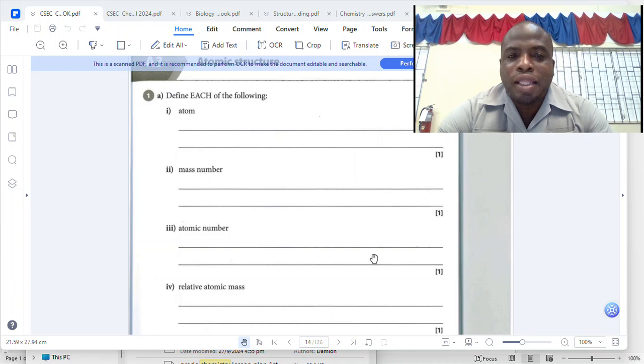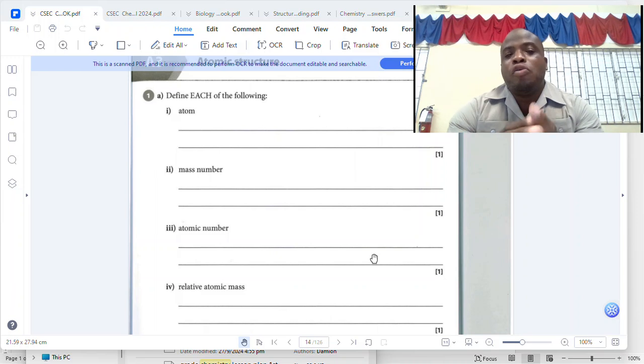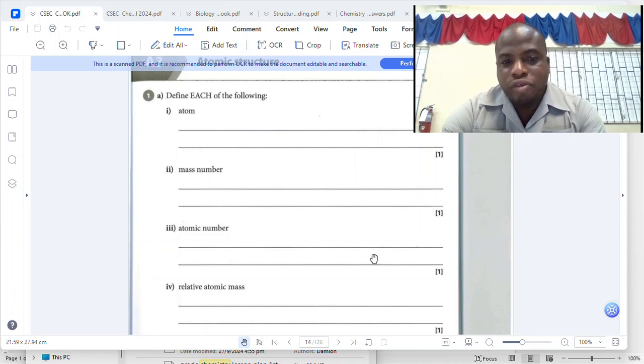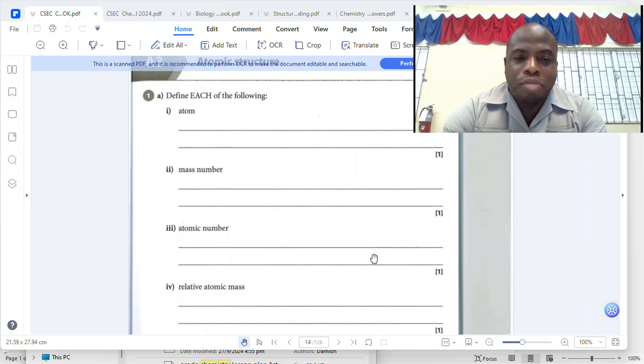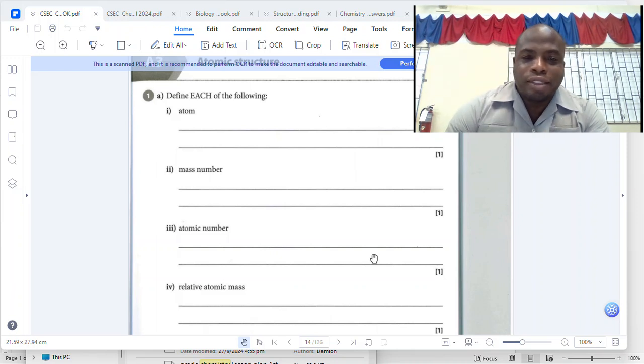So when you add these together, that's how we get the mass number. Now again, in some books, you may see it referred to as the nucleon number. And it's referred to as the nucleon number because both these subatomic particles are actually located in the nucleus of the atom. So if you see that, don't be frightened.